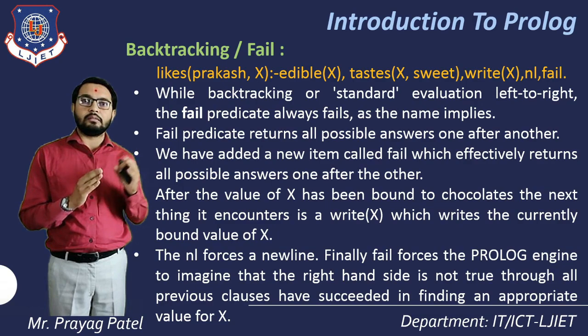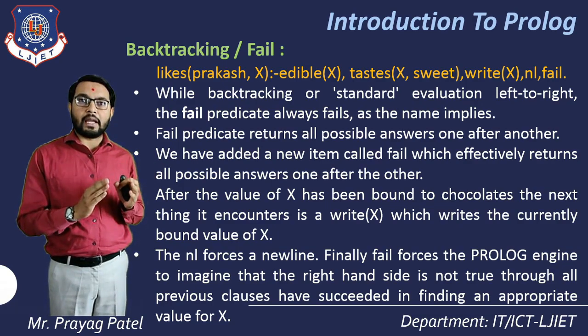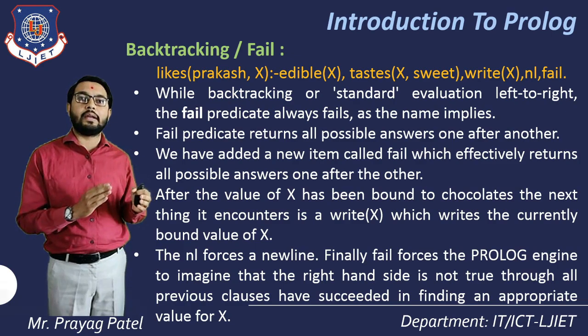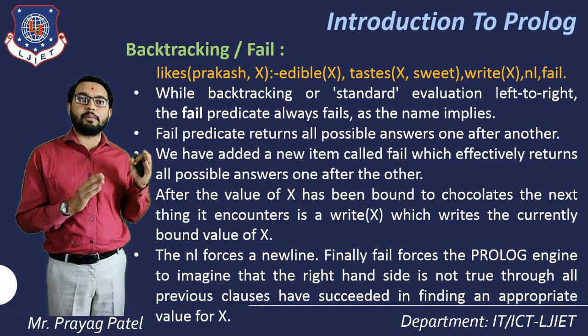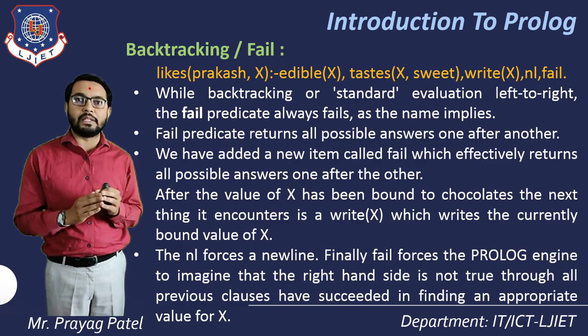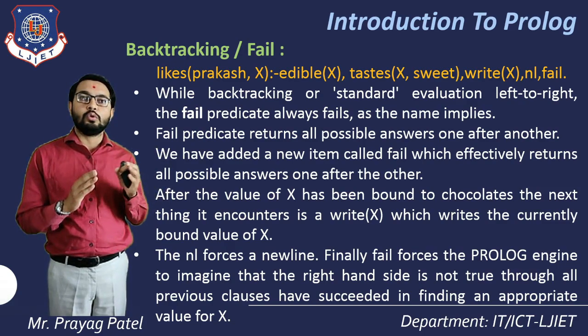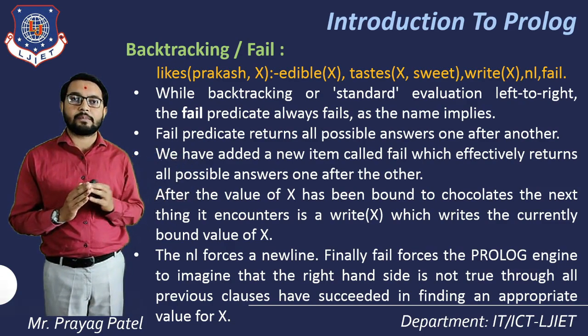Now next is NL. NL forces a new line. Finally, fail forces the Prolog engine to imagine that the right hand side is not true throughout all the process.